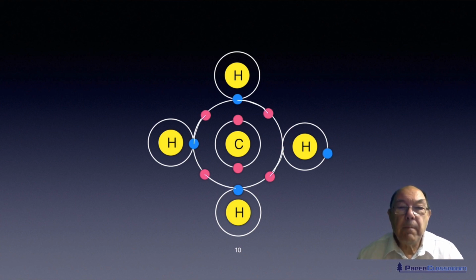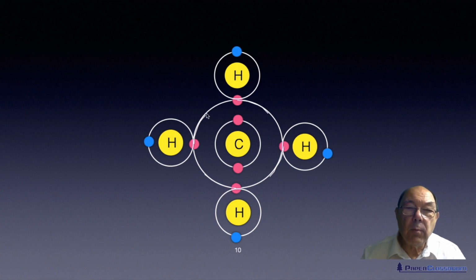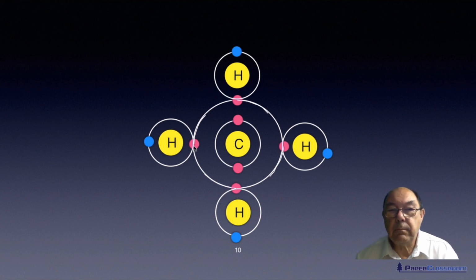If you look now, this hydrogen's electron goes around there, the hydrogen's electron goes around there, around there, around there, and then the electrons from the carbon all move over. And so now you can see that each hydrogen has the 2 electrons that it needs, but carbon only has 4.